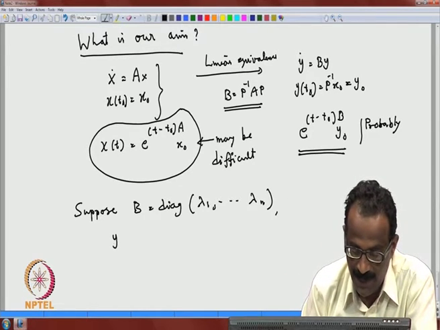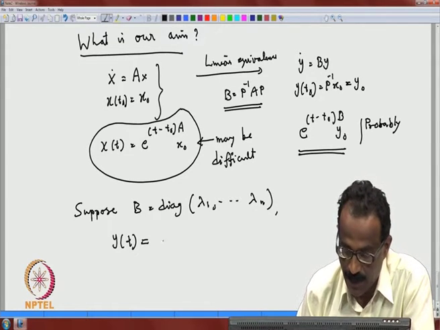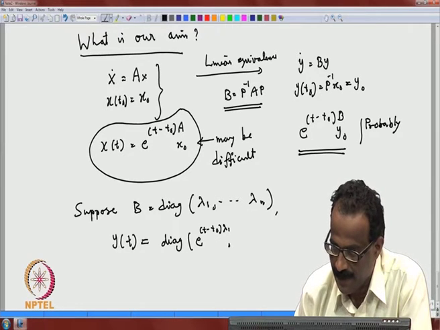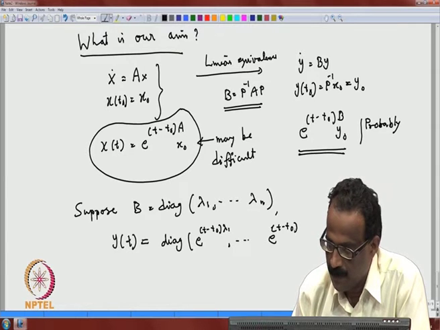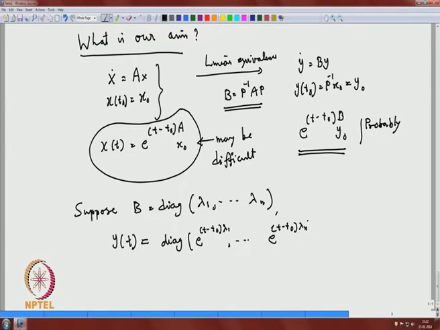You can immediately write it: y(t) is the diagonal matrix with entries e power (t minus t naught) lambda 1 up to e power (t minus t naught) lambda n, acting on y naught. What is y naught? P inverse of x naught. So this is your y(t).